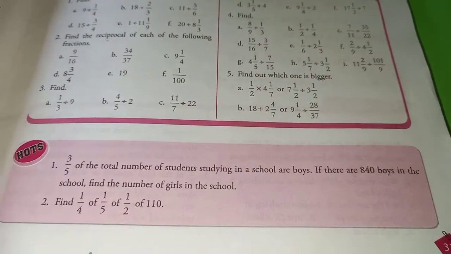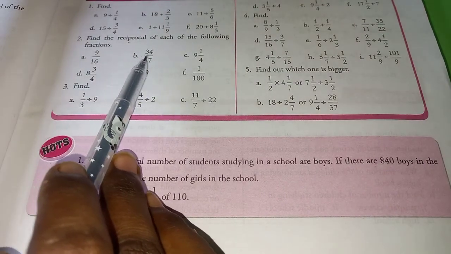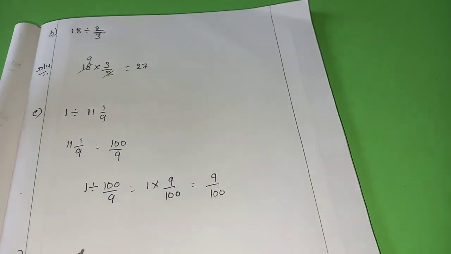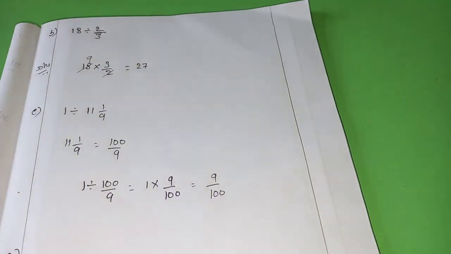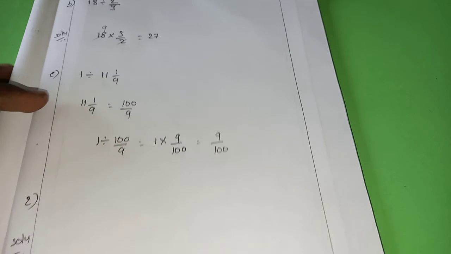Now let us move to the second question. They asked, find the reciprocal of each of the following fractions. Reciprocal means the number by which we multiply to get the answer 1.